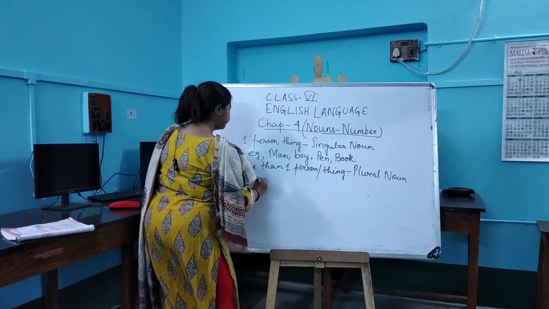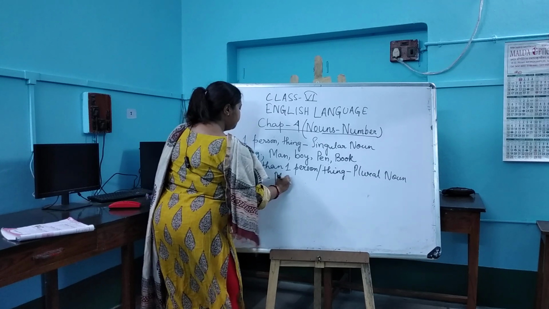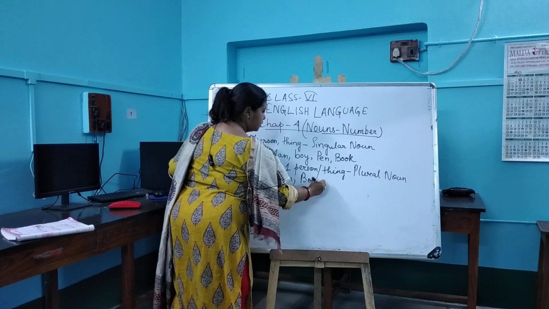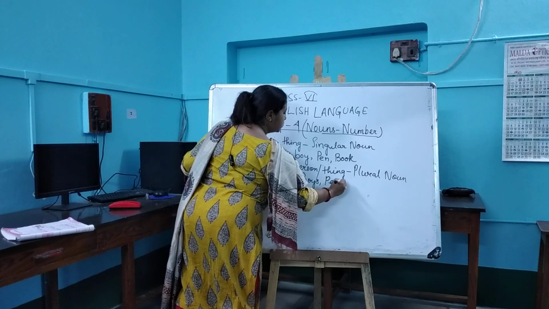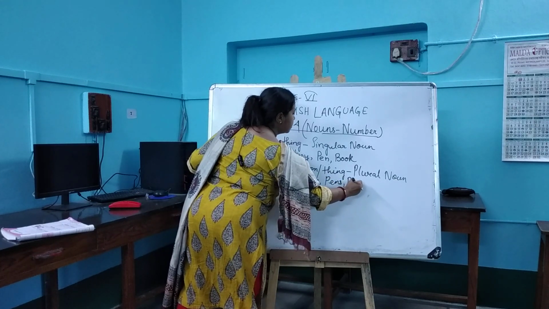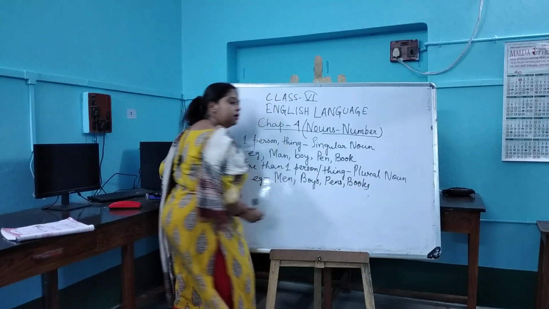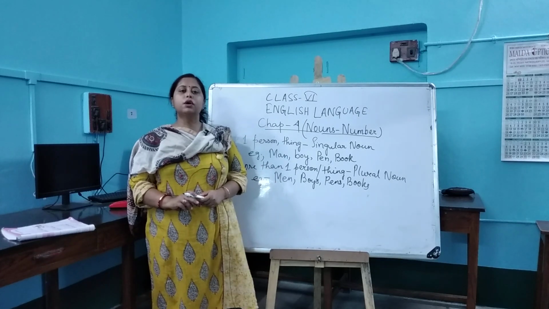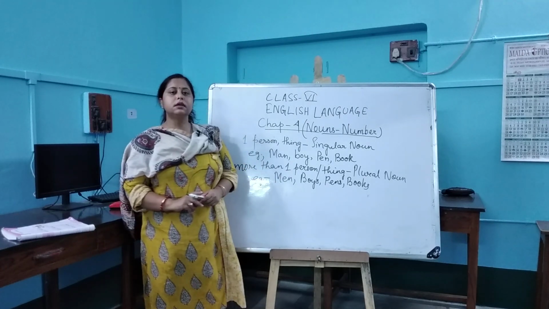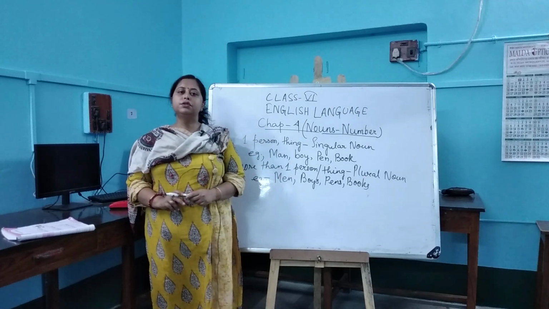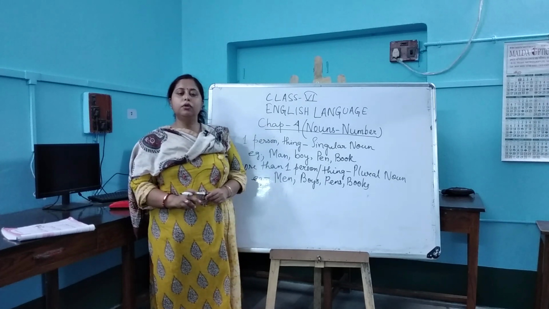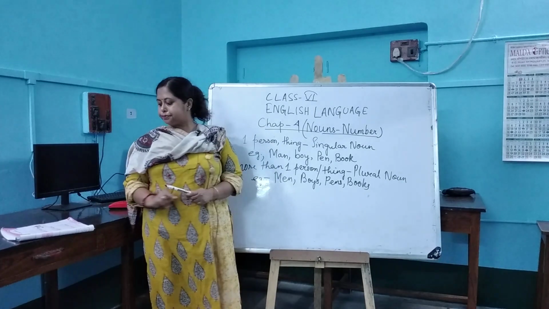Example, men, boys, pens, books. All these are plural nouns. So, the noun which denotes only one person or thing is a singular noun, and the noun which denotes more than one person, thing, animal, any living objects, is a plural noun.